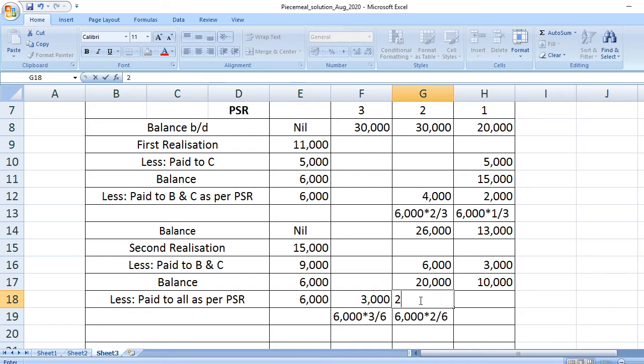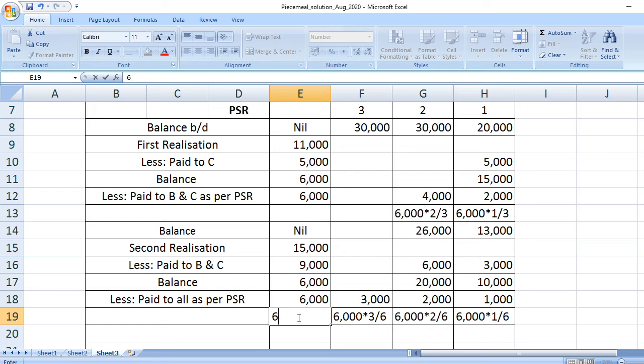The value will be 2,000. Then C's profit sharing ratio is 1, so we have to find out his share. 6,000 into 1 divided by 6. It will be 1,000. Okay, so 6,000 amount of cash distributed among the partners as per their profit sharing ratio.